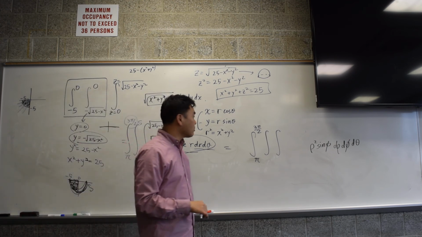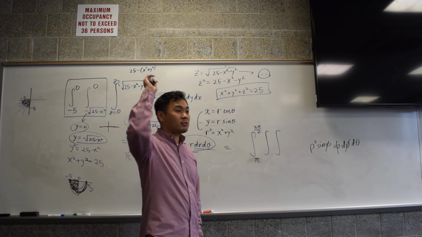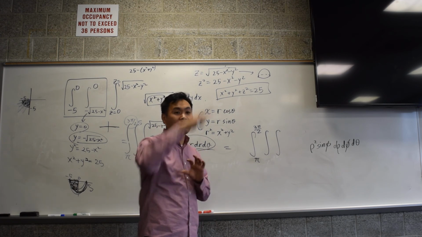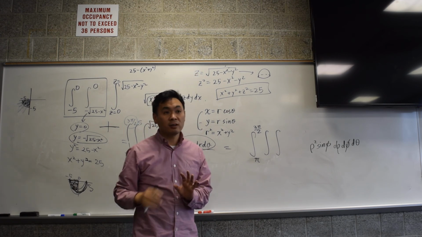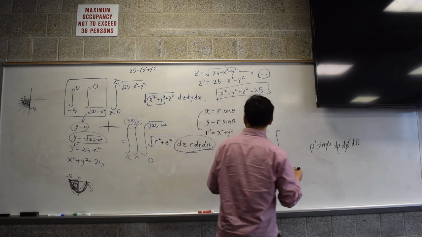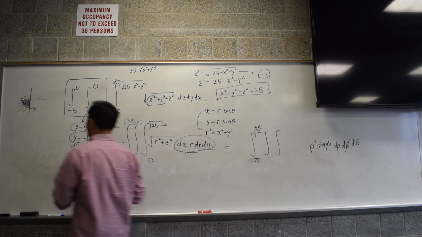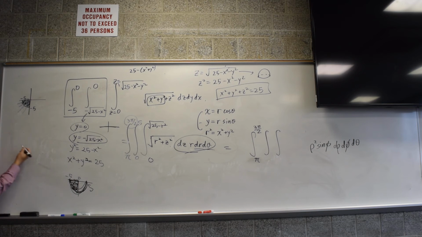All right. So first for rho, it's still a part of a sphere of radius 5, right? So let's see if we can draw this thing. I should have drawn this. Let me try my best. If I say this is x and that's y, this is the case when x and y are both negative. So you're talking about this region right here.